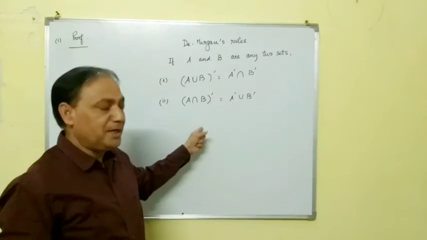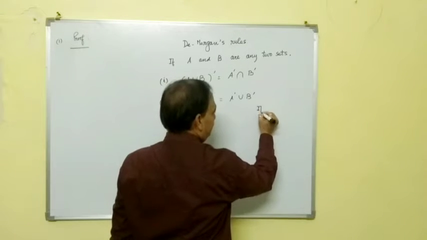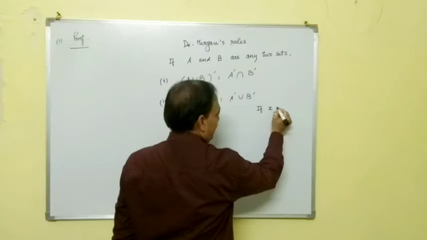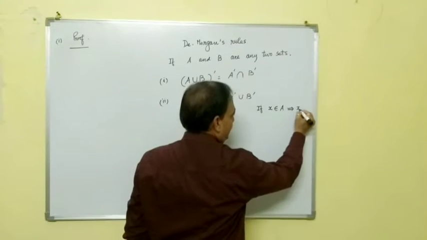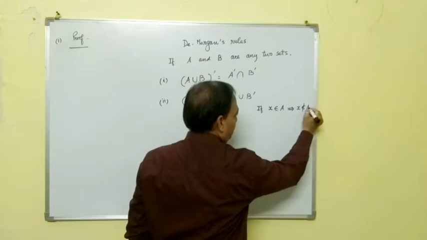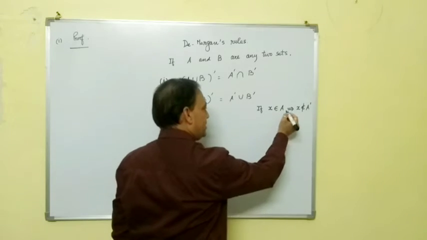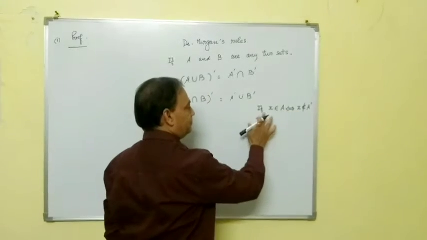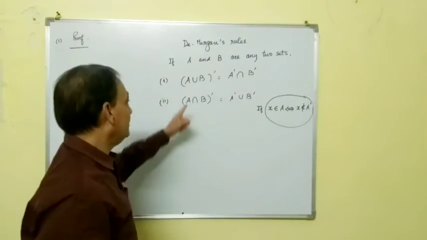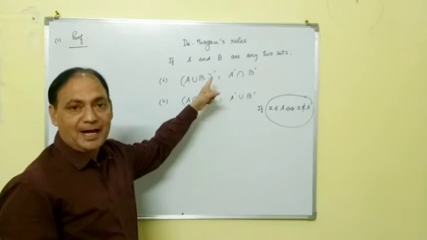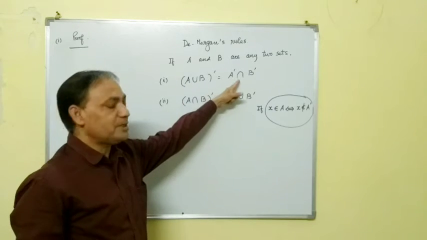To prove this, one thing you know related to complement: if any element x belongs to A implies that x does not belong to A complement, or if x does not belong to A complement implies that x belongs to A. That is one thing to know. Second, to prove two sets equal, what do we first prove? This set is a subset of this set.